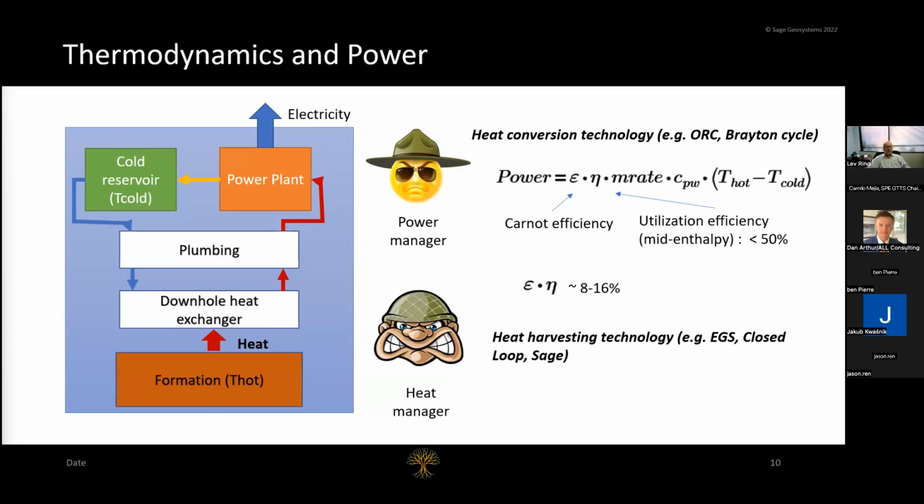So first, let's take a look at thermodynamics. If you're sitting on the surface, next to the power plant or next to the production injection rate, you really don't care what is happening downhole. Is it a closed loop system? Is it an open loop system?